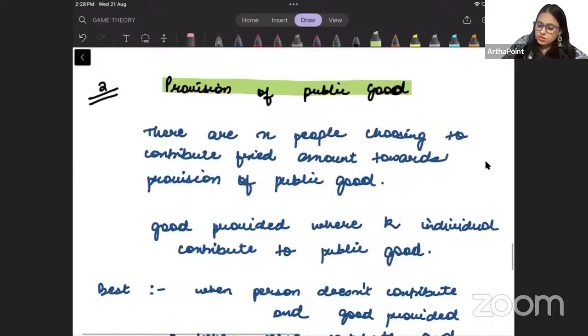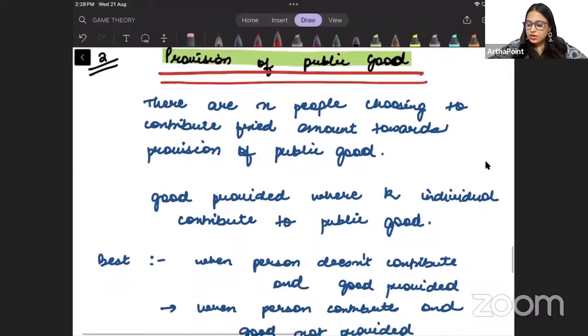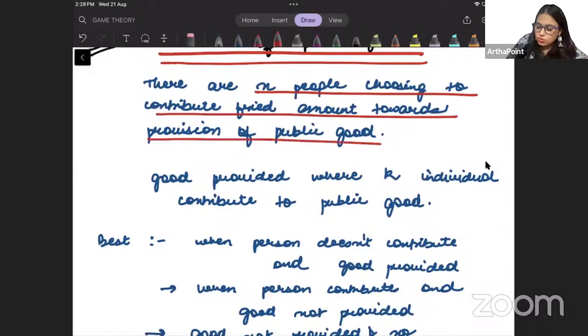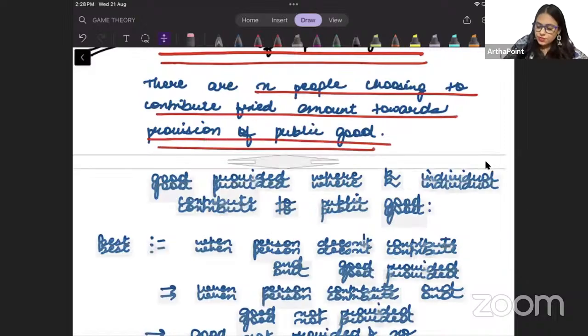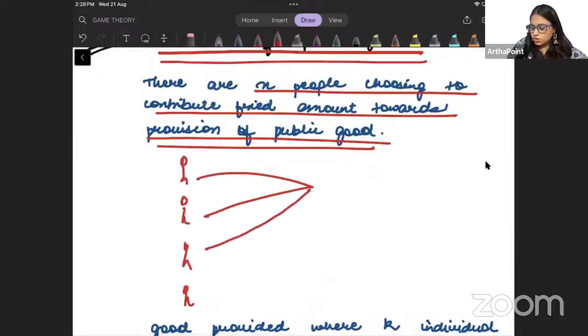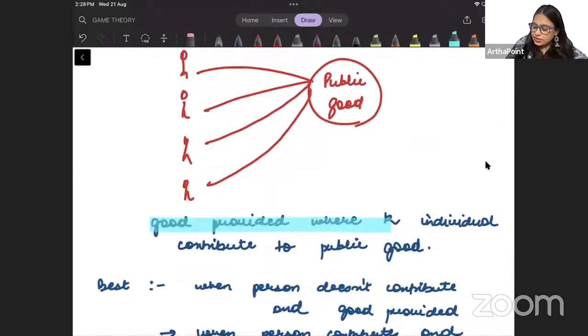And this is going to be the provision of public good. Public good के provision की बात करते हैं. So there are n people choosing to contribute fixed amount towards the public good. तो देखो, there are n people and they have to contribute and make a public good. Good provided where k individuals contribute to the public good.